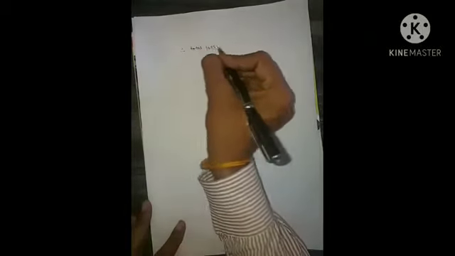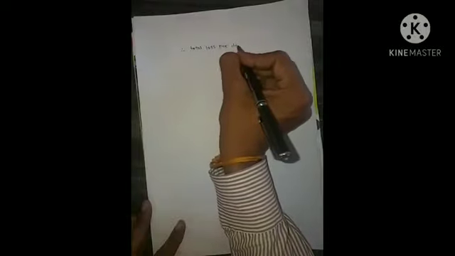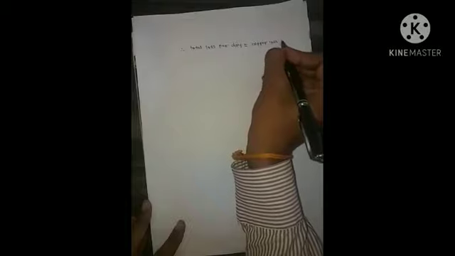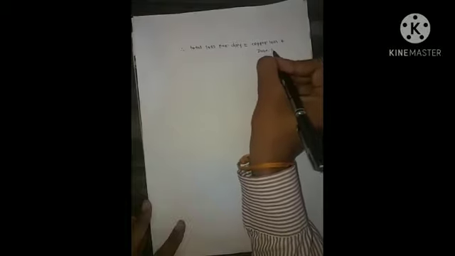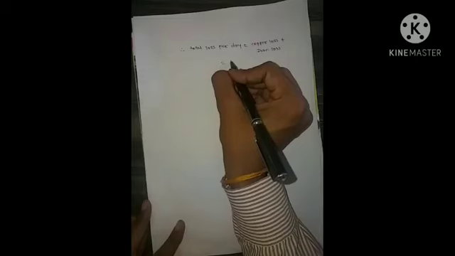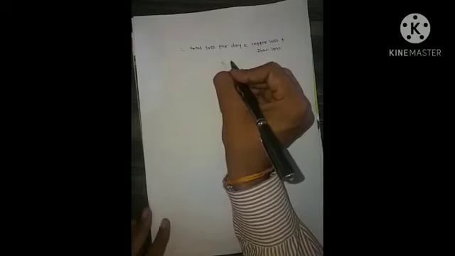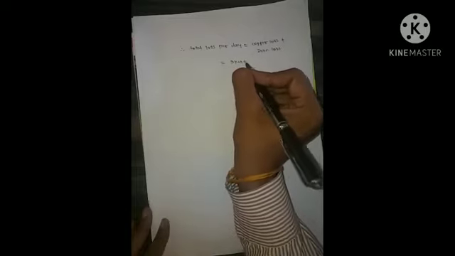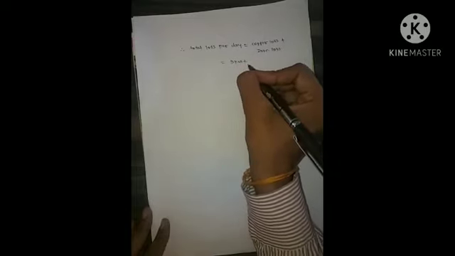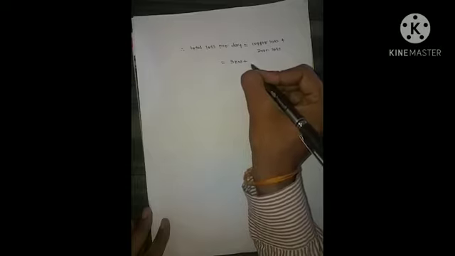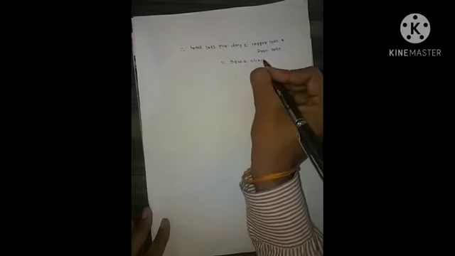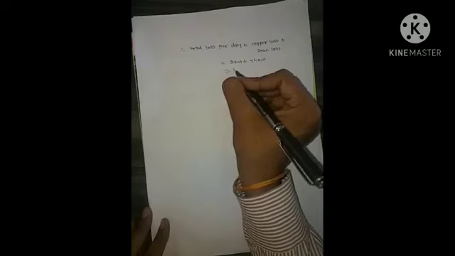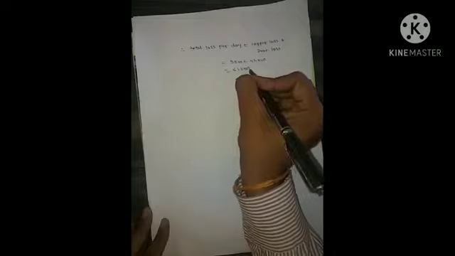Total loss per day equals copper loss plus iron loss, and we know the total copper loss is 9 kilowatt plus 54 kilowatt, and we will get the total loss per day as 63 kilowatt hour.